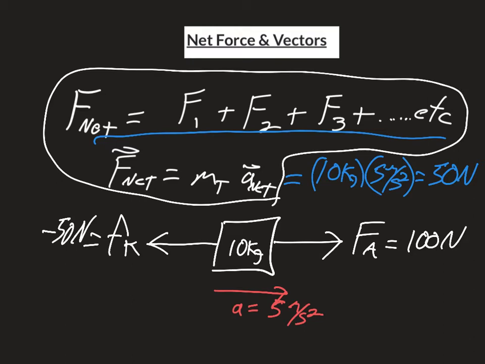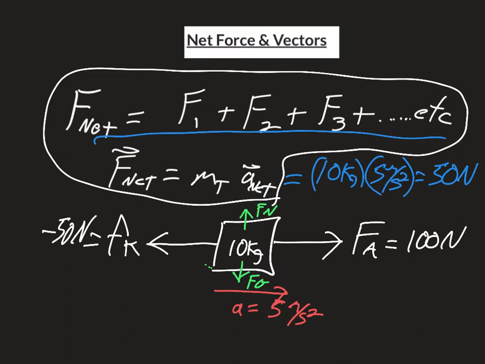However, you notice that I was only looking at the x-axis. Well, that's because I could look at the y-axis as well, but I noticed that it's not moving in the y. So if it's not moving there, I know I have the force of gravity, and then I'm going to have a normal force that we talked about opposing that force of gravity, keeping it from going in the floor.